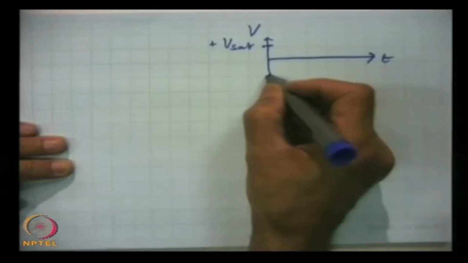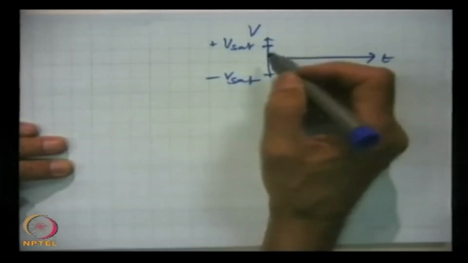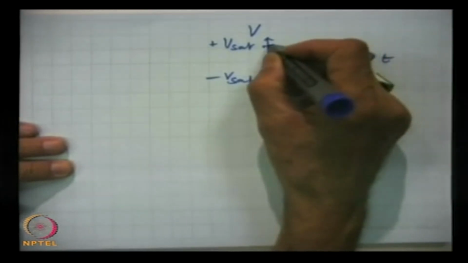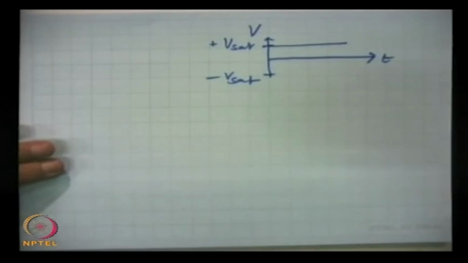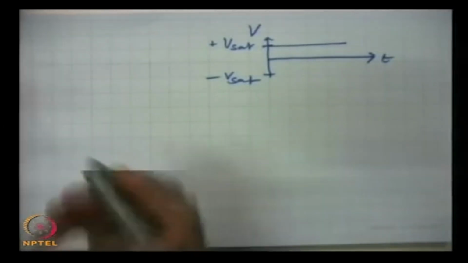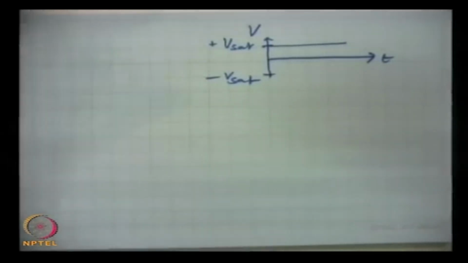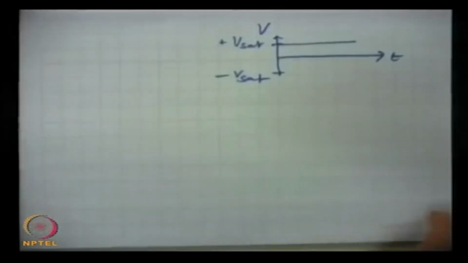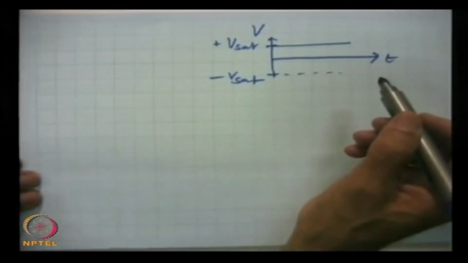This is minus Vsat. If the voltage is positive, it will just saturate here, and if it is negative voltage here, then without change of polarity it will appear in output and it will saturate here.